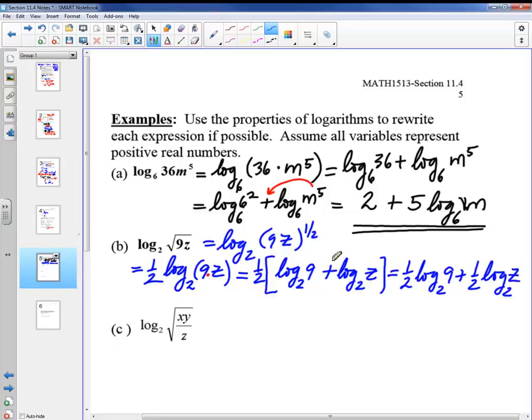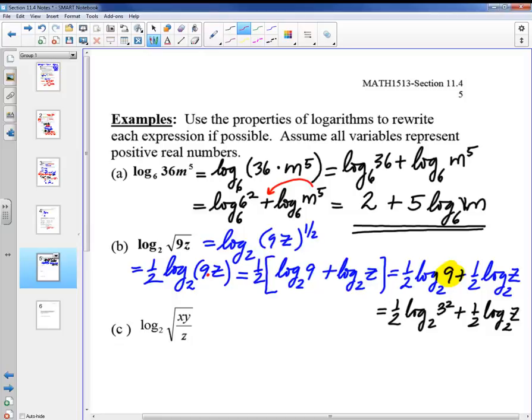But you want to start trying to catch situations like this. If you can break the 9 into a base raised to a particular power, then that means you can actually continue. And by the way, that's a 3 squared. So I'm going to change that into 1/2 log base 2 of 3 squared plus 1/2 log base 2 of z.